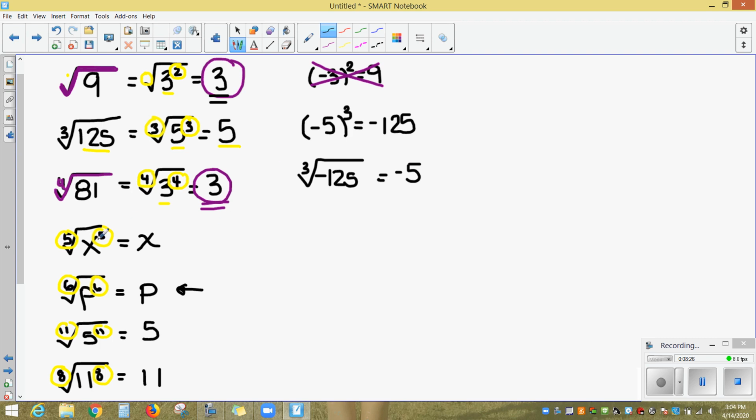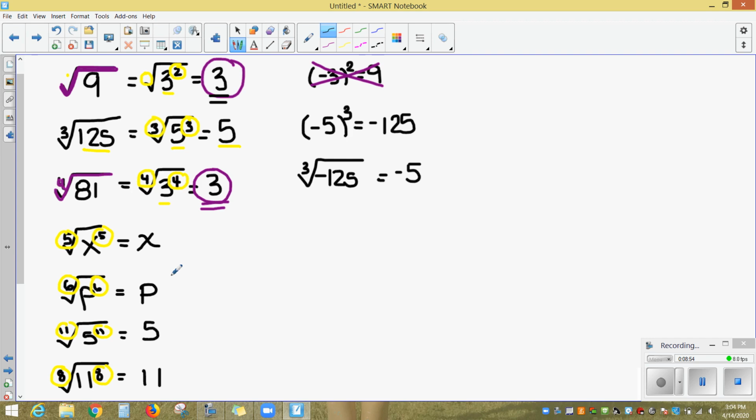So stepping down here again for a minute and looking at these things here, I said, well, if I have the 6th root of p to the 6th, okay, I need to be sure, since that is an even number, that I give a positive answer for that. And if I've not told you anything about p, I can't guarantee that I just wrote a positive number on my paper, because maybe p is equal to negative 12, or p is equal to negative 1/2.